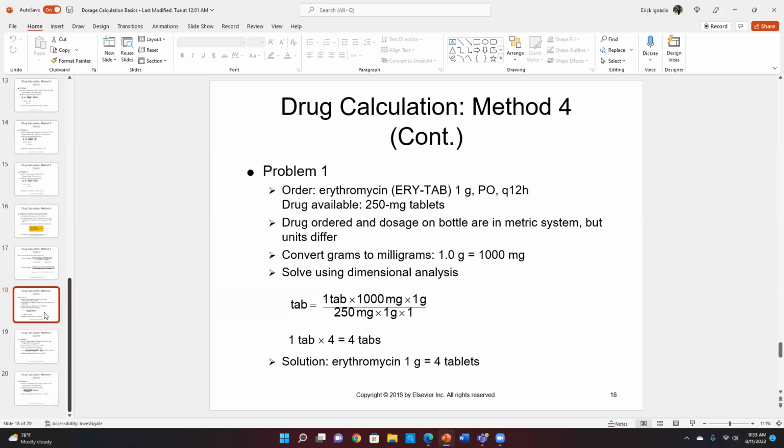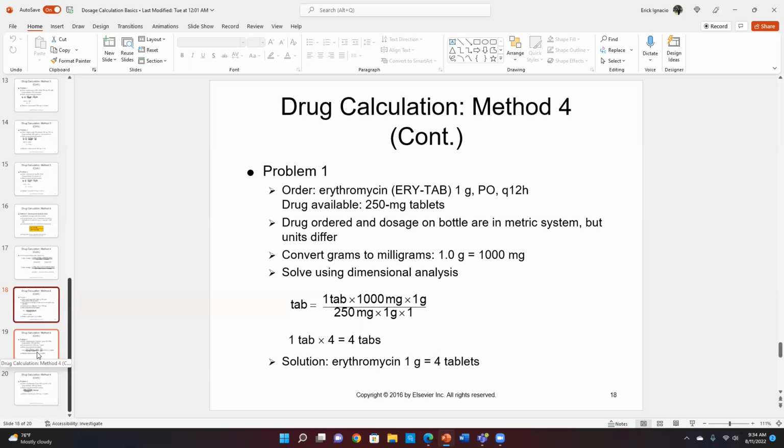To figure out how many tablets we give the patient, we have our tab times 1,000 milligrams times 1 gram, and then we divide that by 250 milligrams times 1 gram times 1. Once we do that calculation, we will end up with 4 tablets.